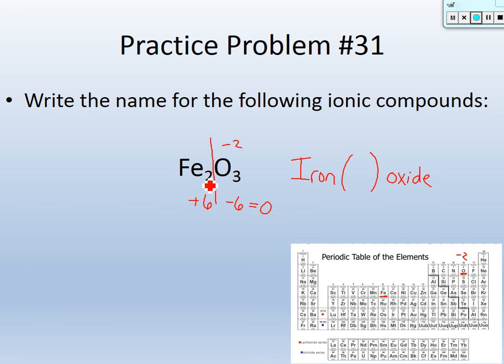But I've got 2 iron atoms. So what does each one have to be? What times 2 is +6? Yeah, it's got to be +3, right? 3 times 2 is +6. So when I name it, I'm going to name it based on what number comes here. How do I write 3 in Roman numerals?